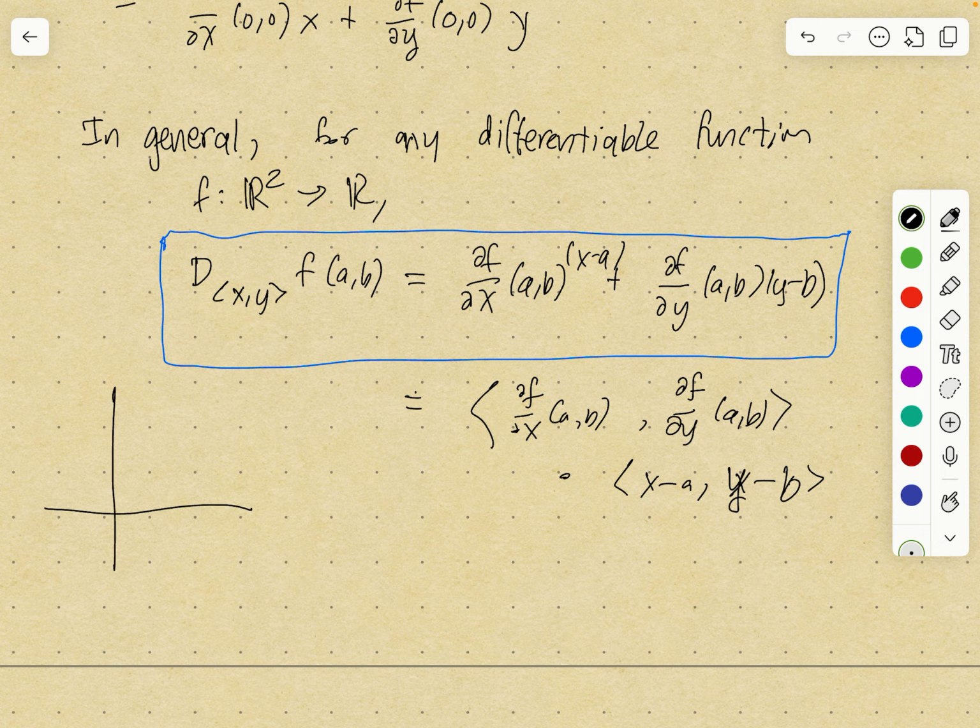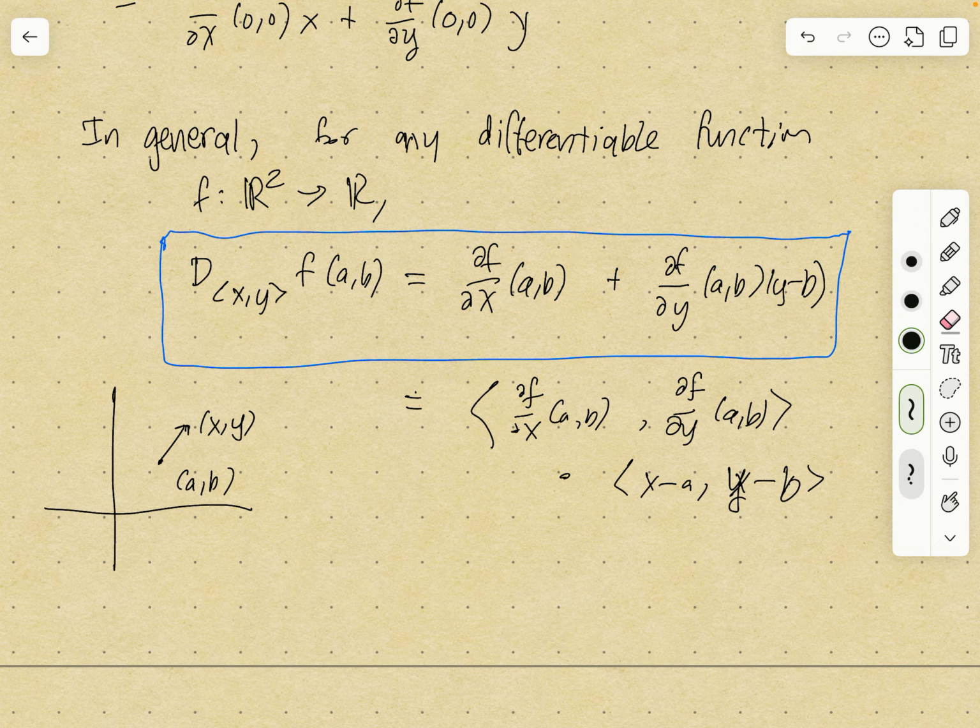So if you're at (a, b), let's say (a, b) is here, and then you go in the direction (x, y), so that vector is (x, y), then wait, no, is this right? No, it should be just (x, y).